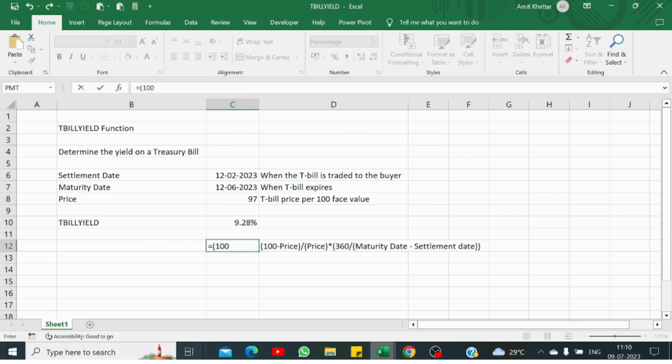So 100 minus price, and this is the price we have. Select this, multiplied by 360, divided by the difference between the dates, maturity date minus settlement date.